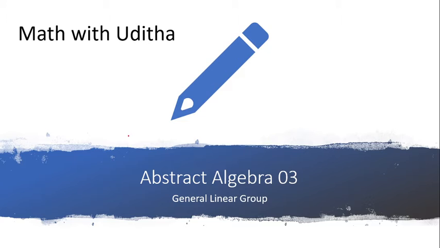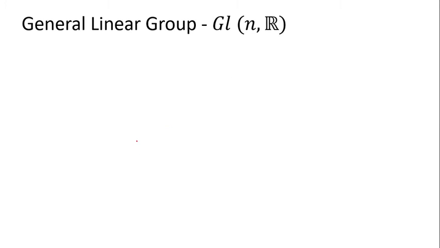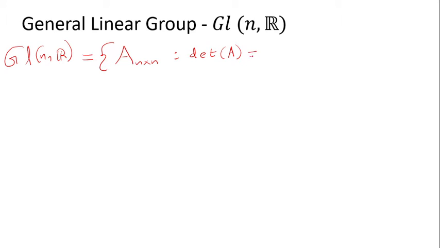I am going to talk about the general linear group in this video. Right, so let's find out what the general linear group is. So GL_n(R) is the set of n by n matrices such that its determinant is not equal to 0.